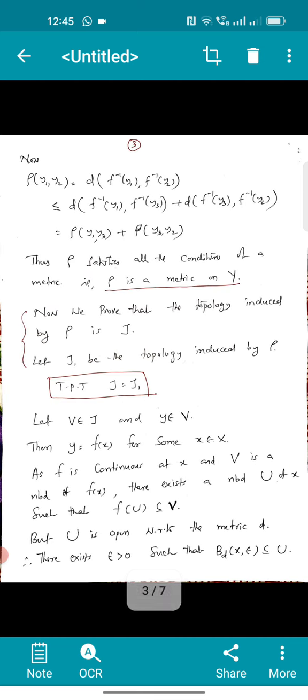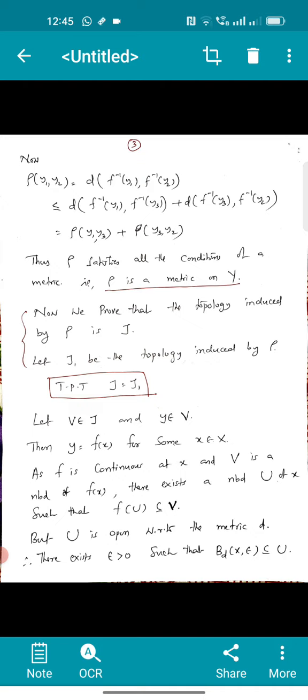And finally, we take the triangle inequality: rho(y1, y2) by definition is d(f inverse y1, f inverse y2), which is less than or equal to d(f inverse y1, f inverse y3), one intermediate term taken, plus d(f inverse y3, f inverse y2), which equals rho(y1, y3) plus rho(y3, y2). Thus rho satisfies all the conditions of a metric, that is, rho is a metric on Y.